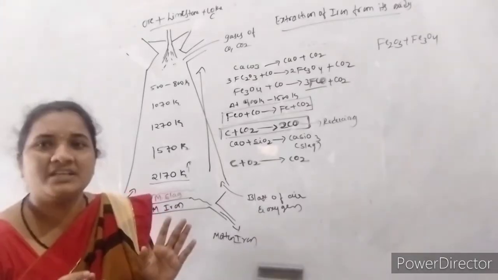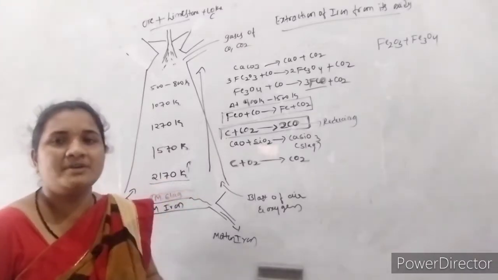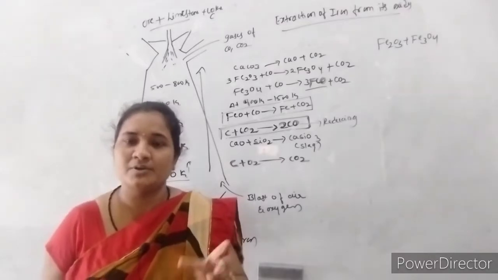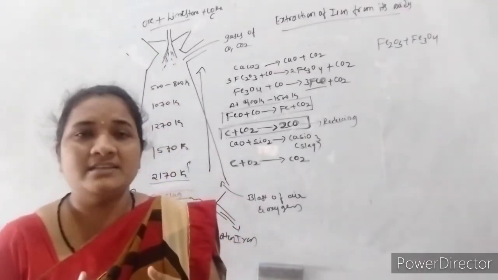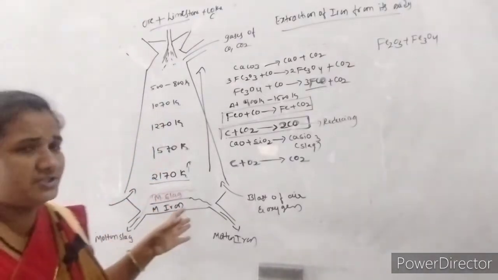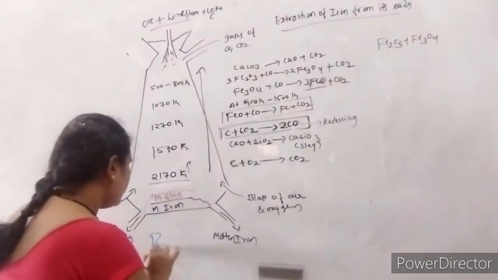Here temperatures are very important. In this temperature only the conversions take place. At low temperatures no reactions occur, because iron ores always have a high melting point and they are able to decompose only at a high temperature. That is why we choose the furnace, the blast furnace.